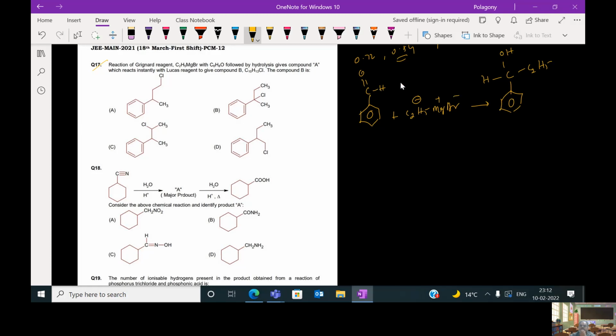Mostly we get the compound with OH and C2H5, a secondary alcohol. Definitely Lucas reagent, ZnCl2 with HCl, will react with this. So what is the correct option here?